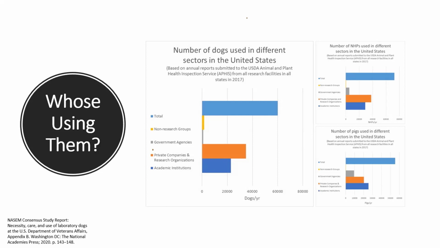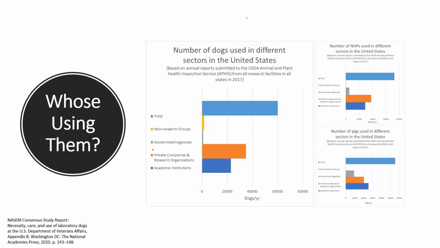In the upper right here, same data for non-human primates. And again, the pattern here is very similar as for dogs. I would say that, again, these data show only animals being used in research activities.